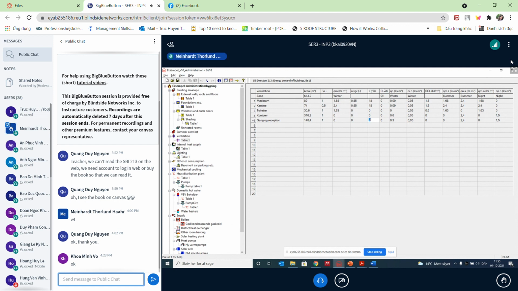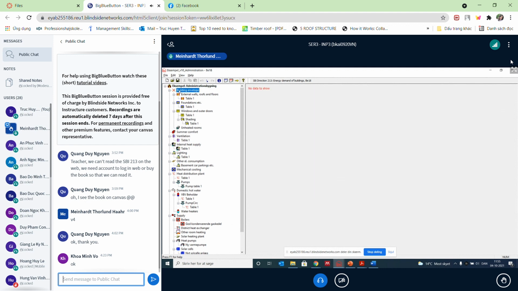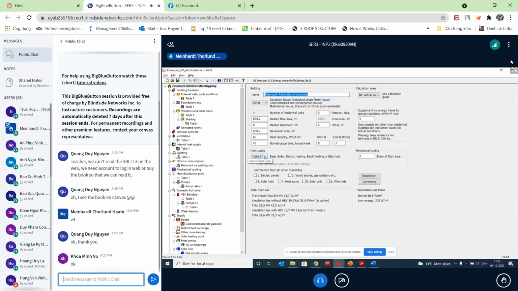This one asks whether it's either 0 or 1: if we have a heating coil, will it be heated by electricity, like an electrical fan coil, or if it's 0, it's heated by our main heating, which in this case is district heating.